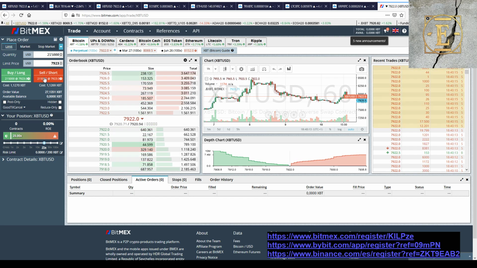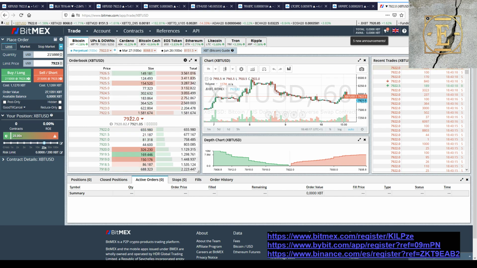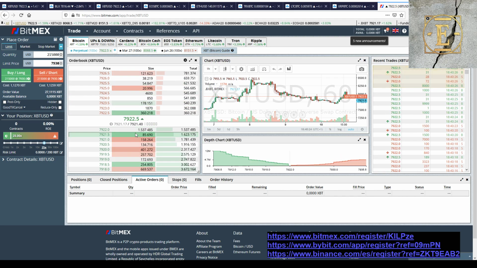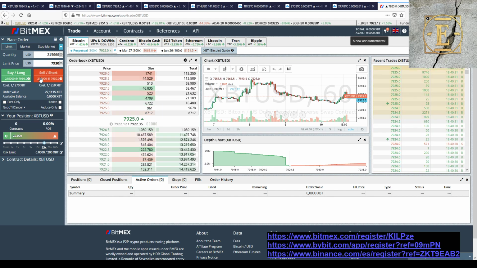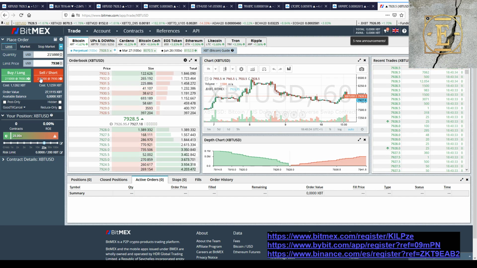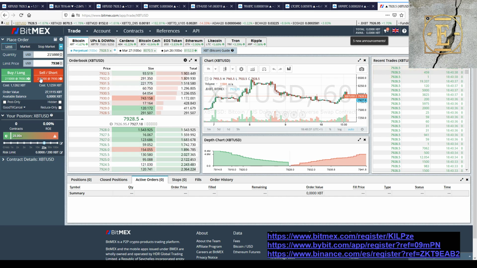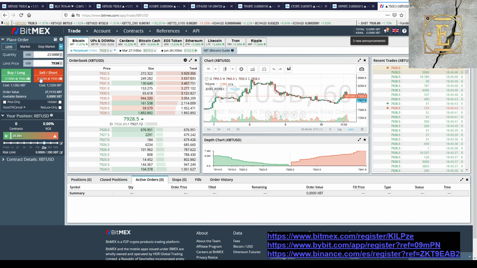Shorting is the other side of the market. For example, I want to short because I think it's going down, so I put my order at 30. I think the price is going to go over there and then it's going down, so then I put the short. What I do is borrow some Bitcoin, then in the future I need to buy again. But my thinking is that in the future the Bitcoin is going to be cheaper.